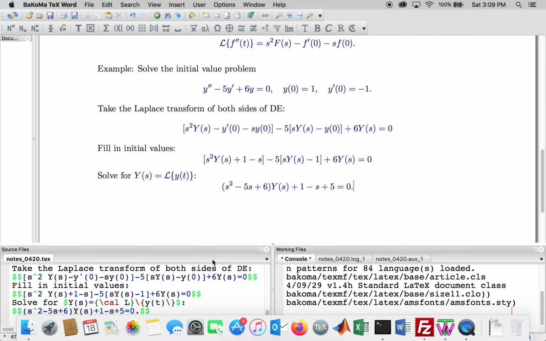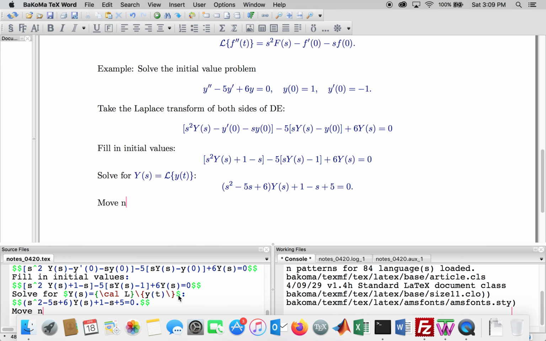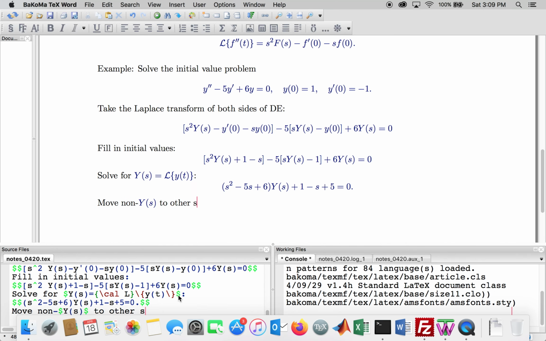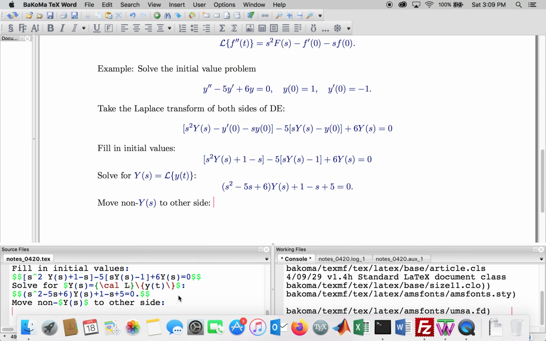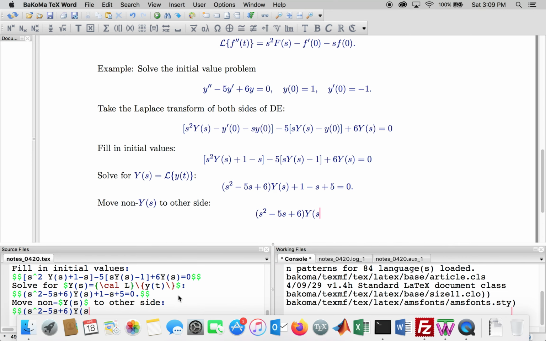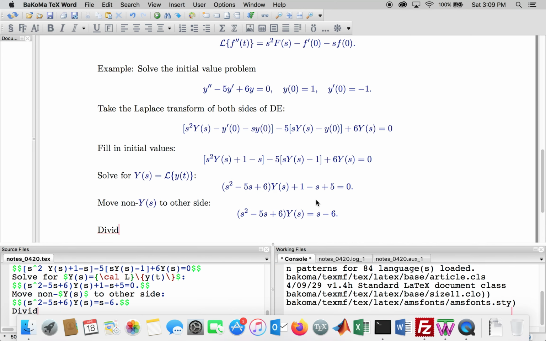Now, any terms not involving Y of s, we move them to the other side. So now I have s squared minus 5s plus 6 times Y of s is equal to, so this combines to 6 minus s. I move it to the other side, so I have s minus 6. And then we just go ahead and divide.